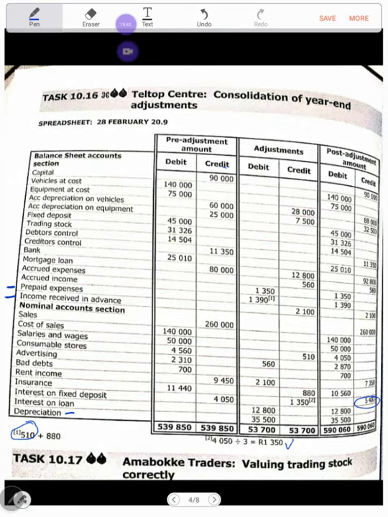Then you got to go down to adjust your rent income. Rent income, what do we do with incomes? We credit incomes. All right, 2,100 Rand of this money that we have received from our tenant falls in our next financial year. So we cannot account for it as an income as yet. So we will then have it reversed.